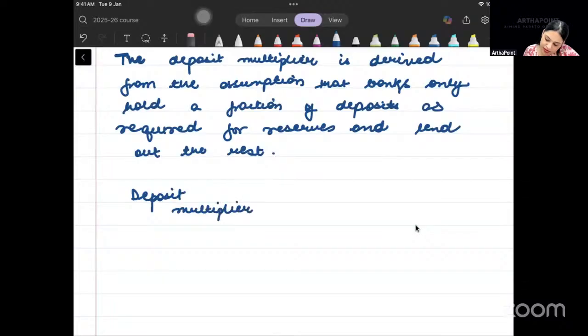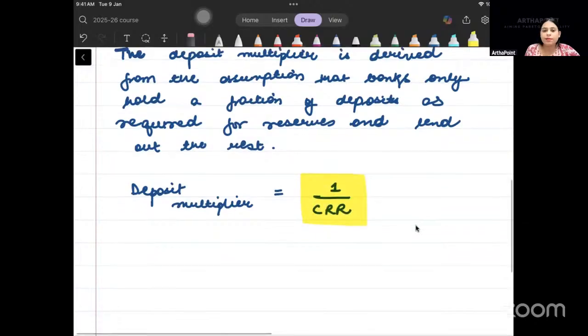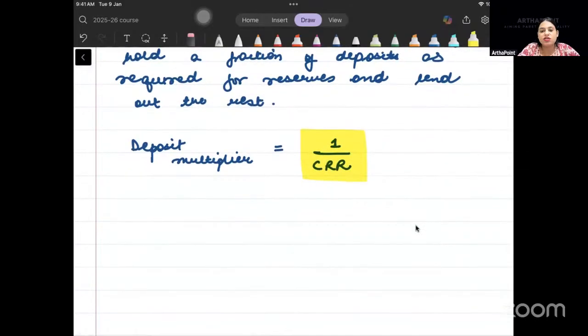Deposit multiplier is 1 divided by cash reserve ratio. ठीक है, 1 divided by cash reserve ratio.